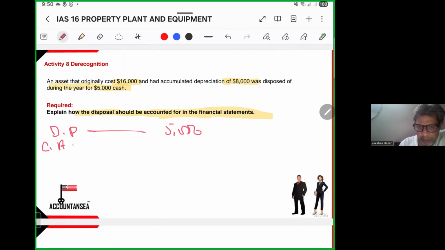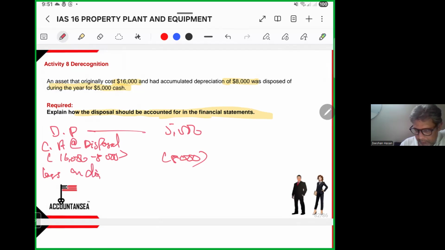Carrying amount at disposal is 16,000 minus 8,000, which is 8,000. Loss on disposal, 3,000.